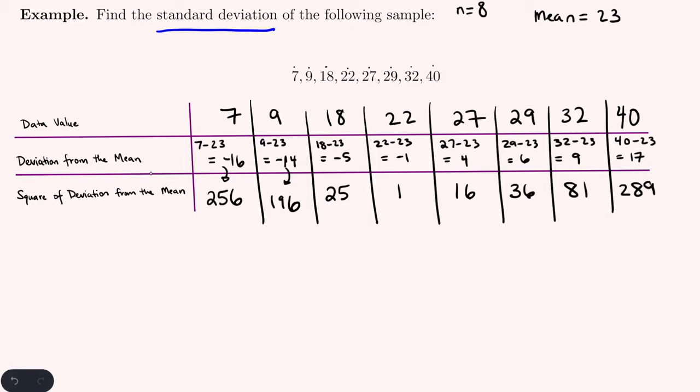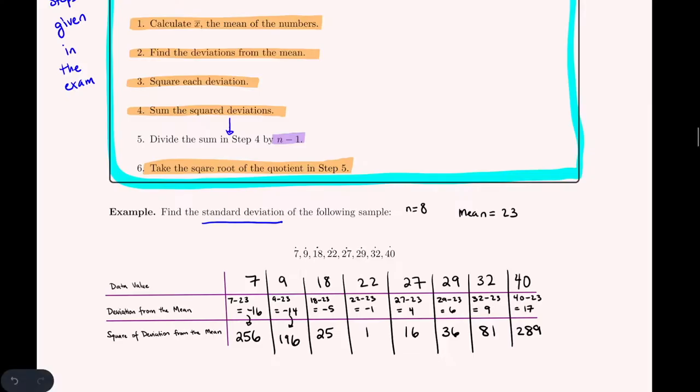Now let's briefly look at our list of our steps for the standard deviation above. Let's review which aspects of these steps we've completed. We have calculated the mean. It was 23. We found the deviations from the mean. That's what we did in this row. We squared each deviation. That's what we did here. So what's up next? We need to sum the squared deviations.